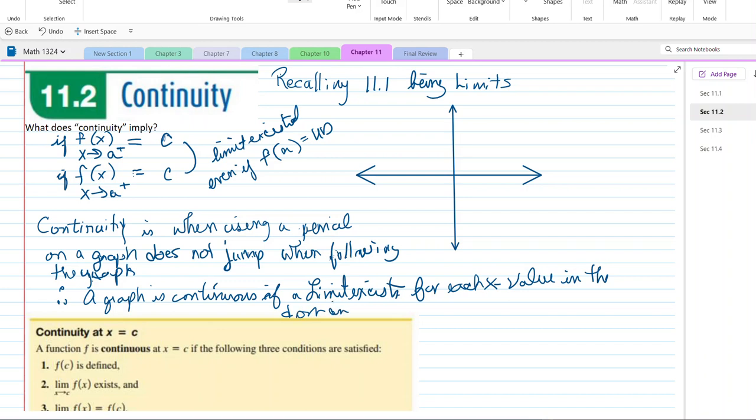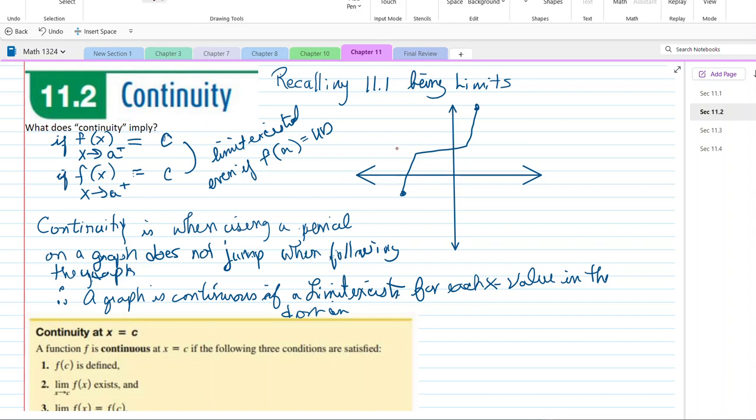It's continuous. So I can have this graph. It is a specific domain, but there is no gap. So I can follow this as it goes.